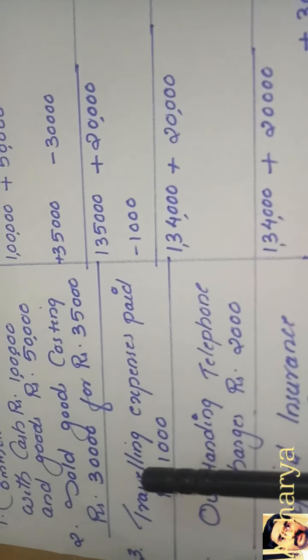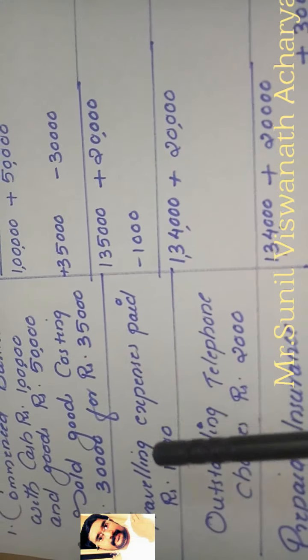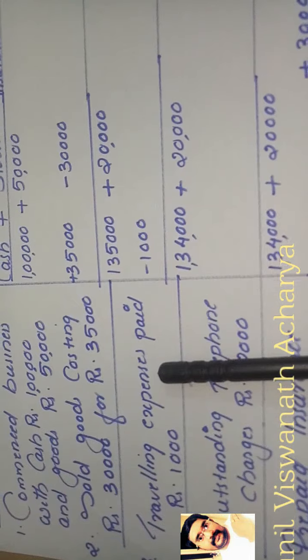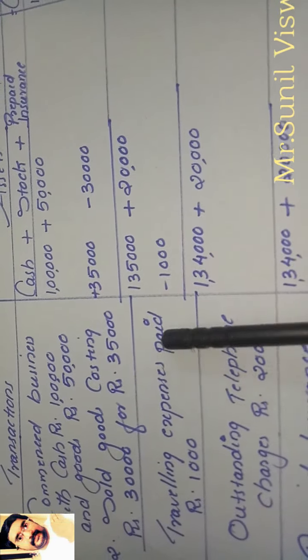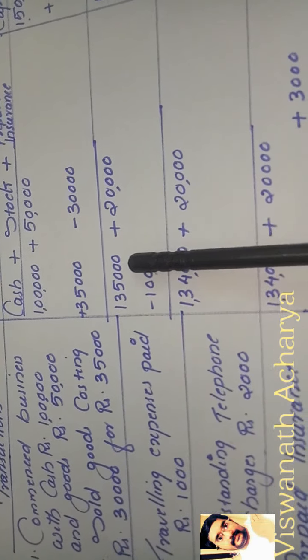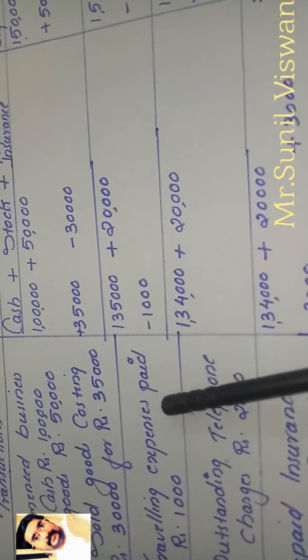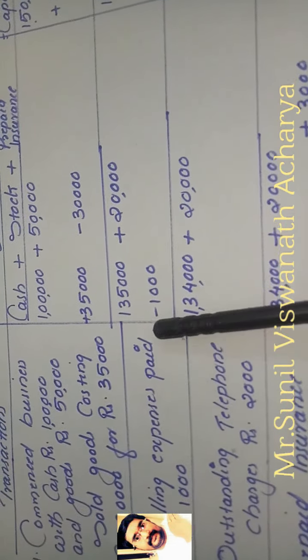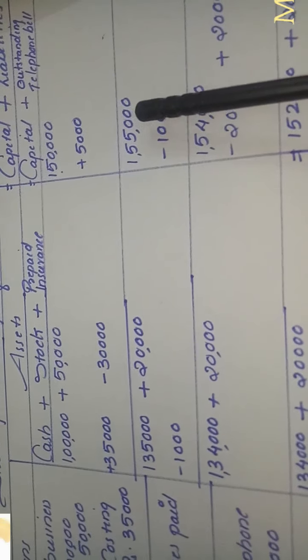Next transaction is traveling expense paid rupees 1,000. So we know every expense will affect both cash and capital. Cash gone, we paid expenses, that means the traveling expense we paid, cash is going 1,000. So from the cash 1,35,000, 1,000 rupees we will minus. Every expense belongs to the expense of this year, so it will affect the profit.